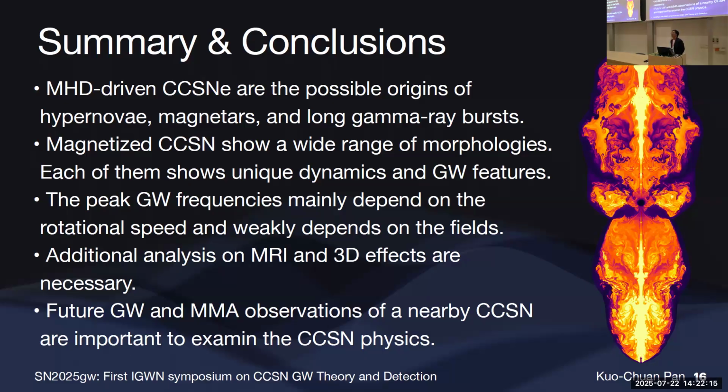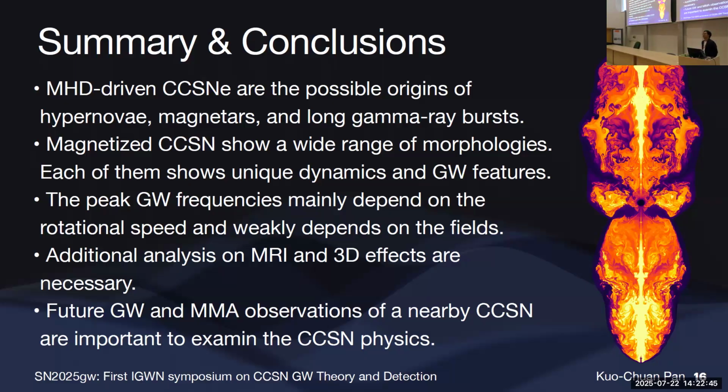Kuo-Chuan, thank you for the great talk. You cited our work that we did. If you have enough time to ramp up the magnetic field through turbulence, for example, you can ramp it up by 2 or 3 orders of magnitude, then you don't necessarily need large initial magnetic fields, right?